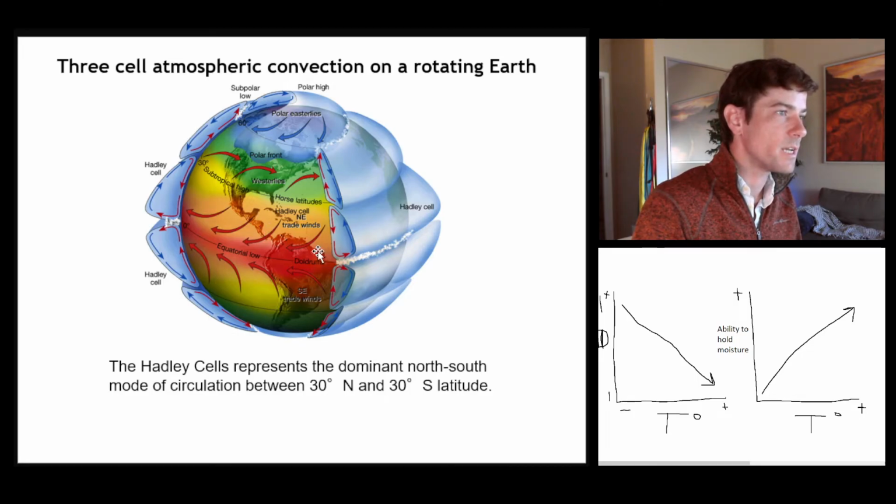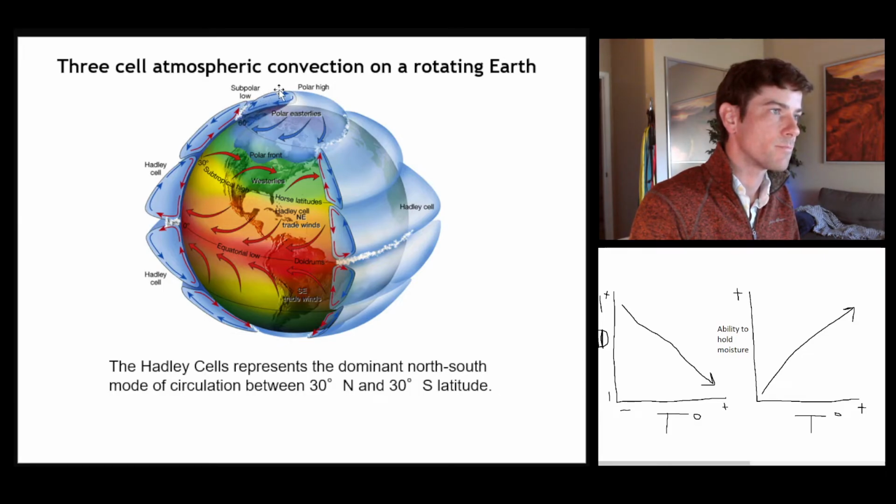Now, what you'll see here is that these arrows here are not straight. They curve. Okay. They curve here. If you look at just these arrows, these are going from 30 toward the equator. These ones are going from 30 to 60, 30 to 60. And then here at the pole, you have return flow at the surface from the pole towards 60 degrees. Each one convects independently.